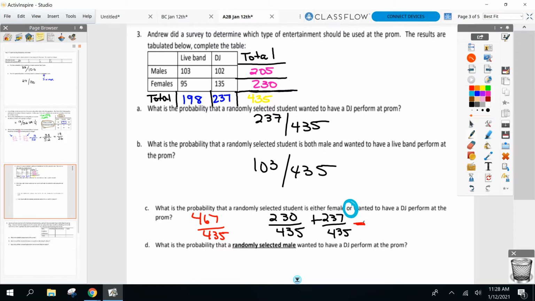So I still have to subtract 135, the both. Even if you forgot to subtract the 135, you better not be leaving 467 over 435. You know better than that. And then we come up with 332 out of 435.